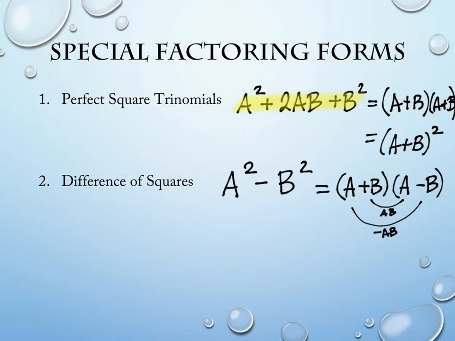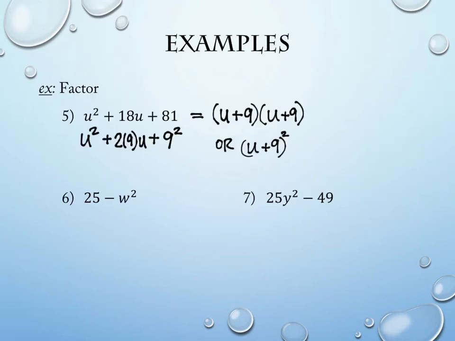The first term is squared, the last term is squared, and the middle term is those two outer terms, the first and the last one, multiplied times 2. And that's what I have here. First term u is squared, last term 9 is squared. In the middle, I have u times 9 times my 2. So it is a perfect square trinomial.